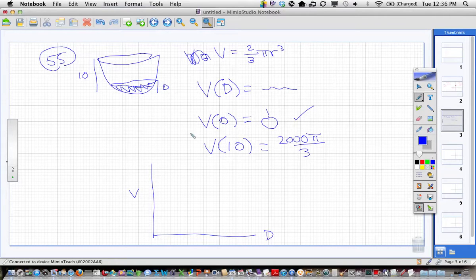But how do you know the concavity? Why is it the one that is concave up? What are your choices? You've got that choice, and you've got another one that goes up like that, right?